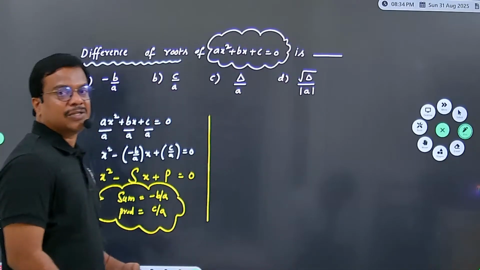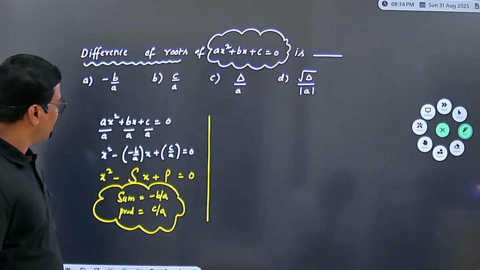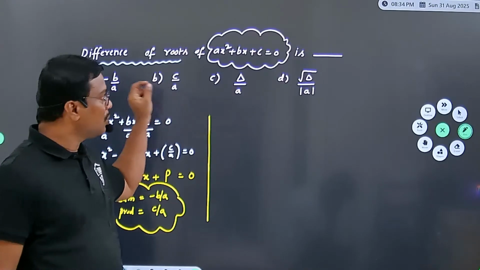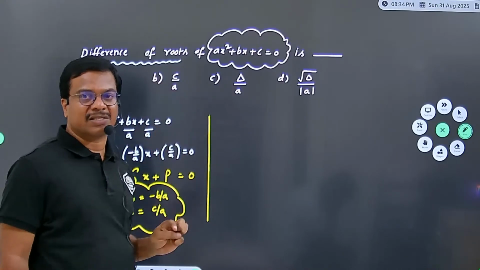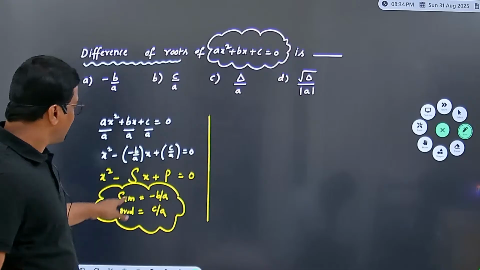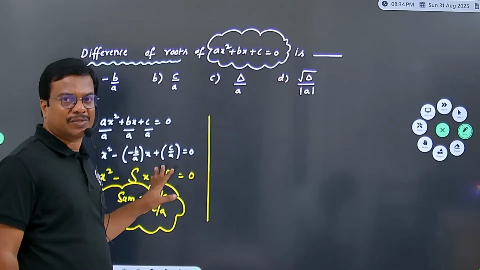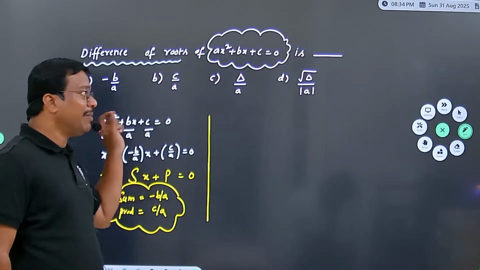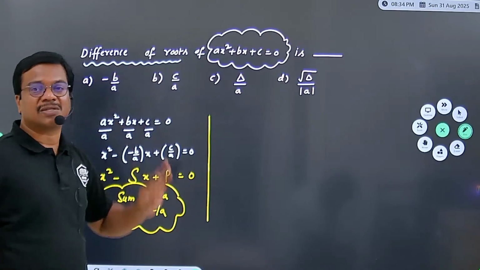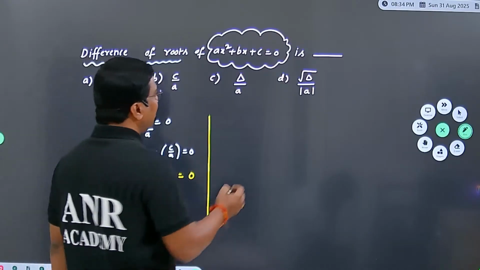Yes, you need to remember the difference between two roots of a given quadratic equation also. You are familiar with the sum of roots as well as the product of roots, but you have to remember the difference of roots also. Let us see.